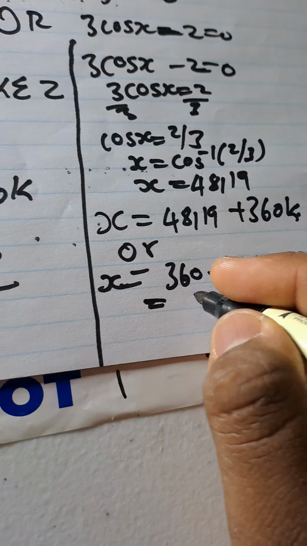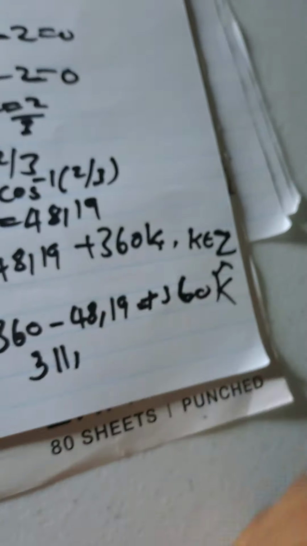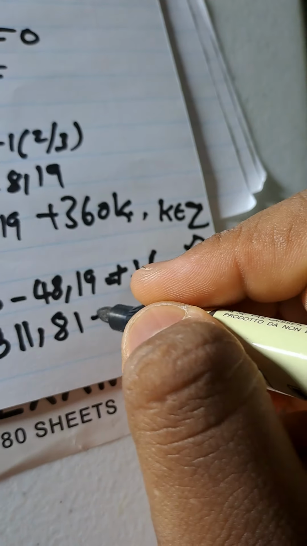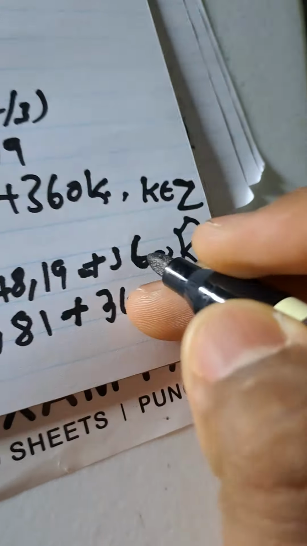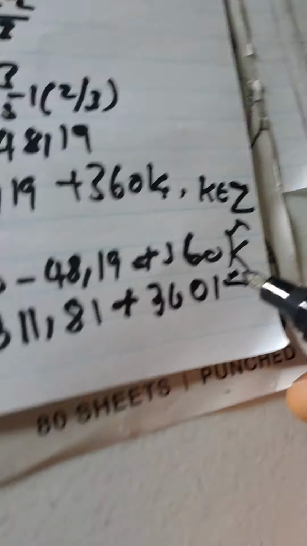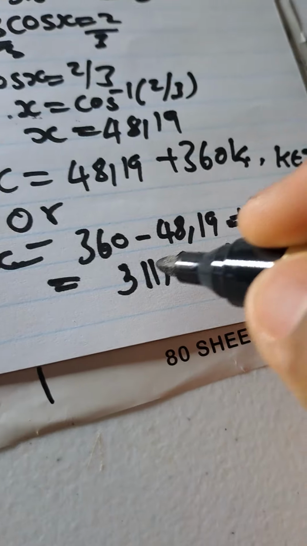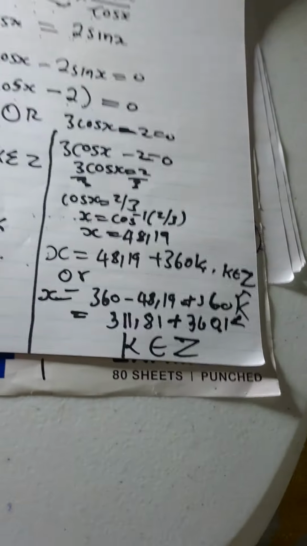It is 311,81 plus 360k. Sorry guys. Then that's when I'm going to say k is an element of real numbers.